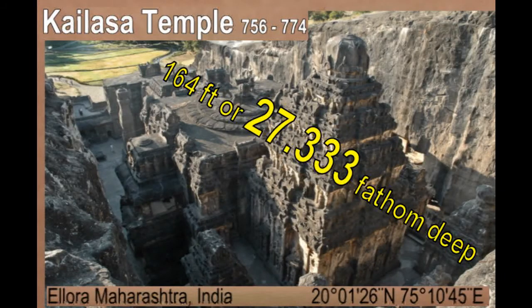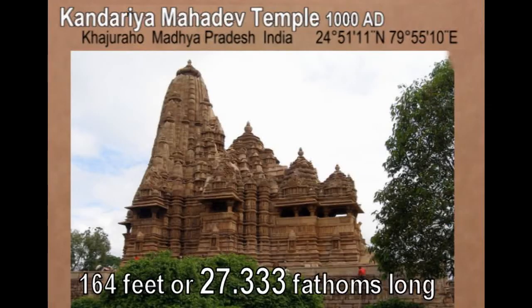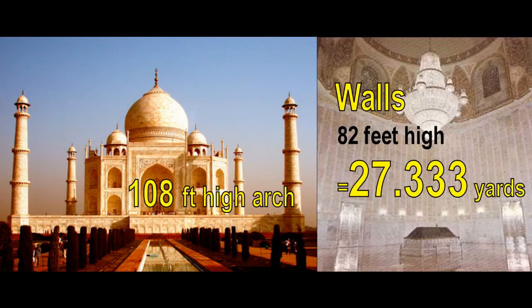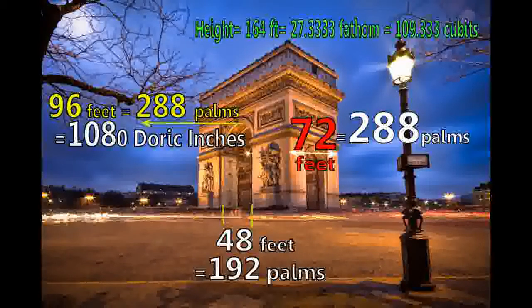But I want to go into this a lot further in some future episodes, but across the world, across cultures, in the great temples, in the great objects, 27.3 total length of the Iron Pillar of Delhi, but also in previous episodes, this Harmonics series, 108, but also the walls of the Taj Mahal, 27.3 yards. 108 Doric inches, 288, etc. In the Arc de Triomphe touchstone building, what's the height? 27.33 fathom.